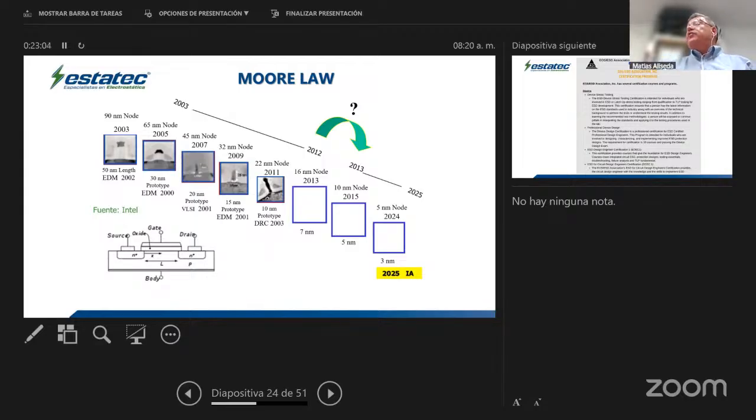Today we are at 3 nanometers to support the new AI technologies, with more and more capability in the same area.